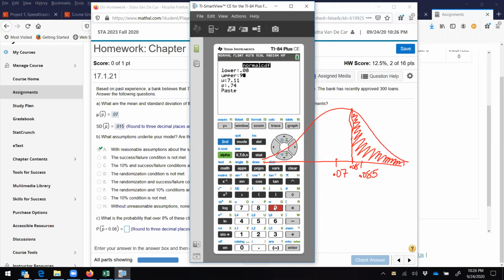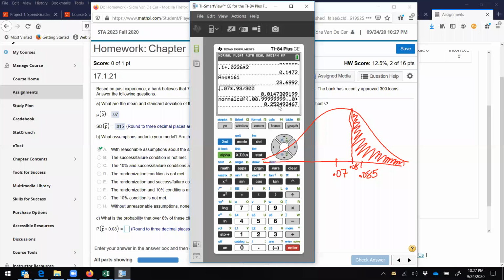Upper bound, I'll just go out to infinity, so I'll put in a bunch of 9s. The mean is 0.07. And that standard deviation is 0.015. And we get about 25.2, right? So 0.252.